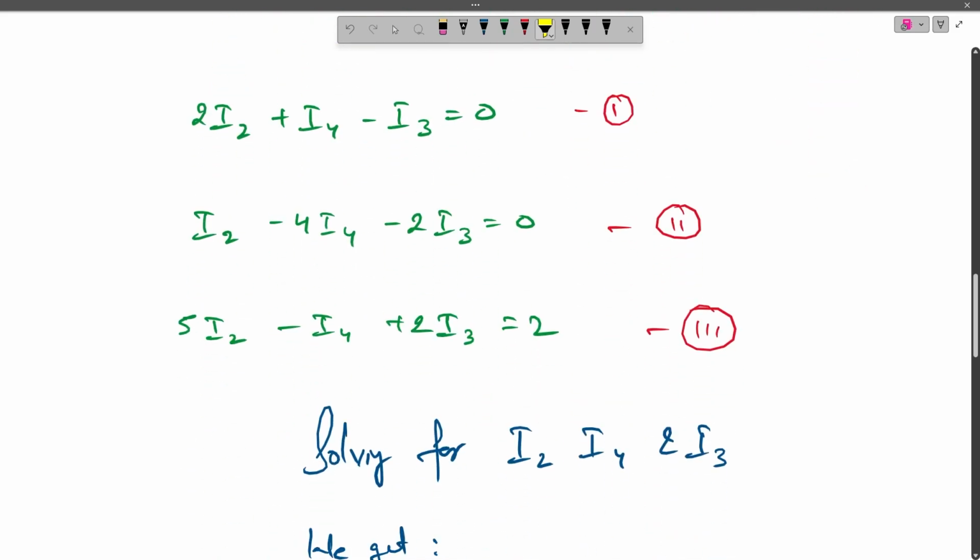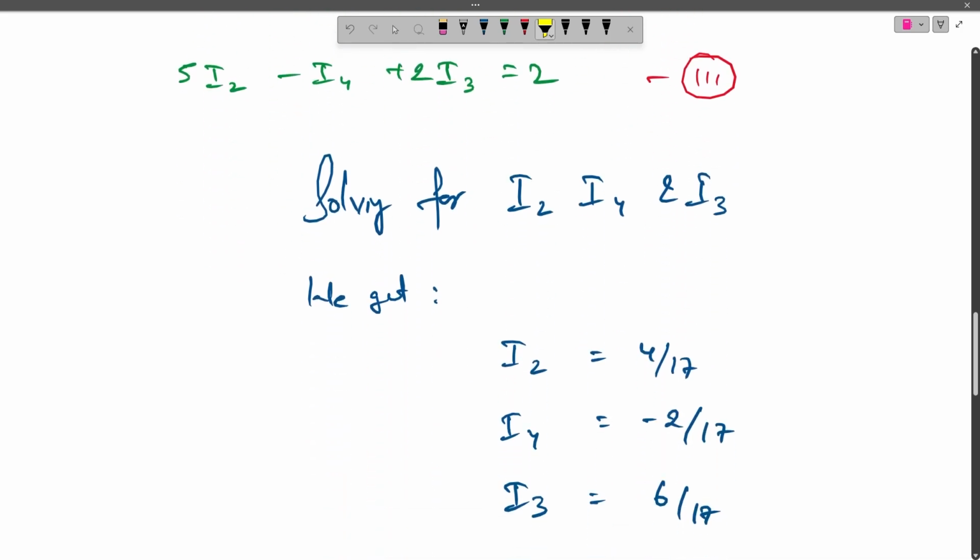Now rearranging these equations, we will see we have 3 unknowns, that is I2, I4 and I3, and we have 3 equations. So after solving this, we will get the values as I2 equals 4 by 17, I4 equals minus 2 by 17 and I3 equals 6 by 17.